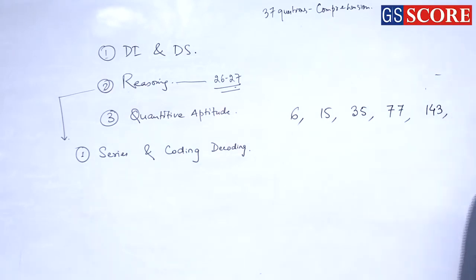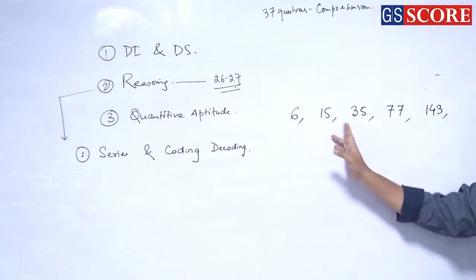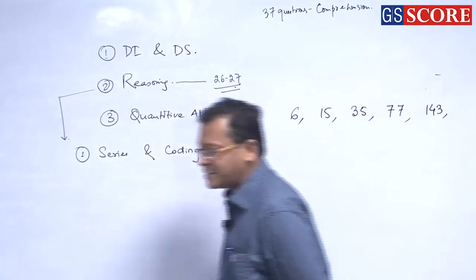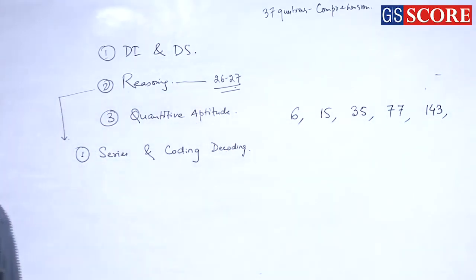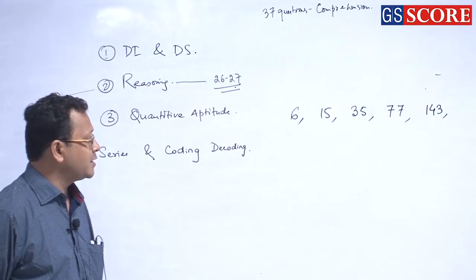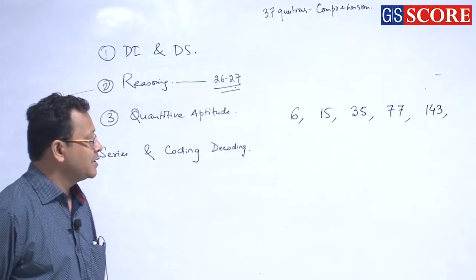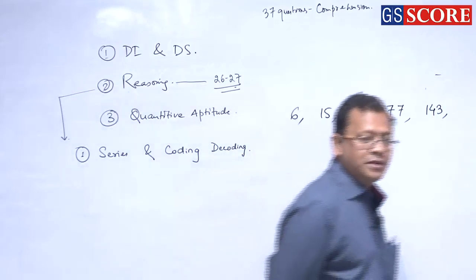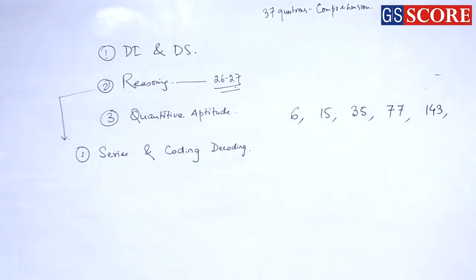A hint to this question is, it cannot be the case that it will be only a difference of these or sum of this, and then the next number will come. Double the number, then add the prime numbers. So 77's double is 154, and add a prime number will be something like this.